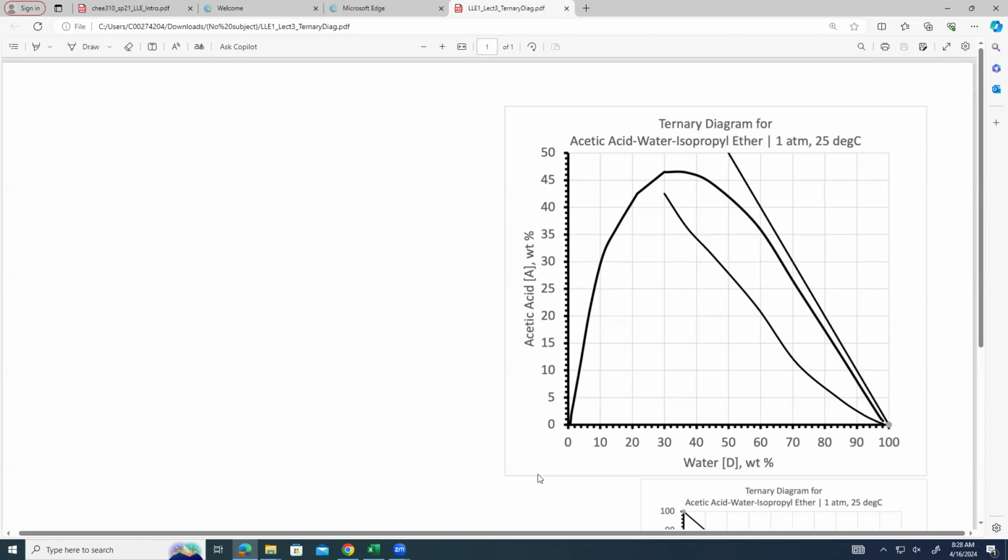And we can know that because whenever we were making it before, we know that these are 2 curves joined together. And probably around here is another tie line.